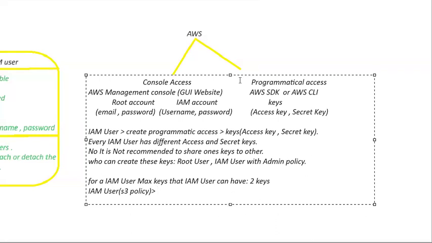Now let's say I created the keys for him. Now he logs in via CLI and accesses AWS. Can this user access the EC2 instance? No, right? So in console access or programmatic access, IAM users have the same permissions.